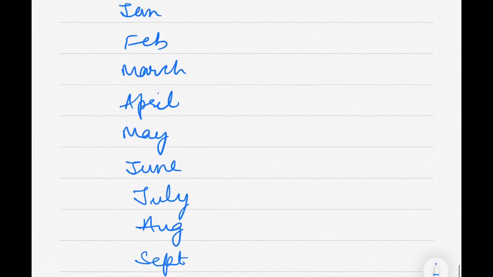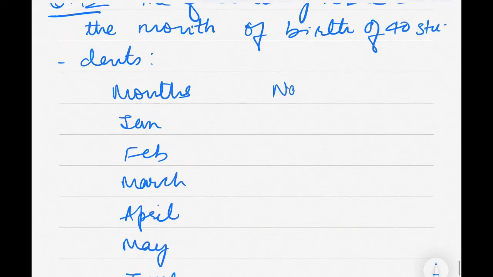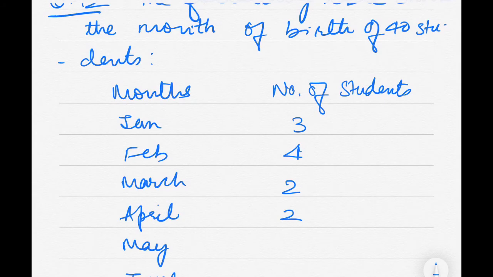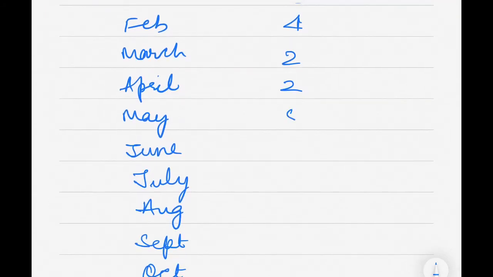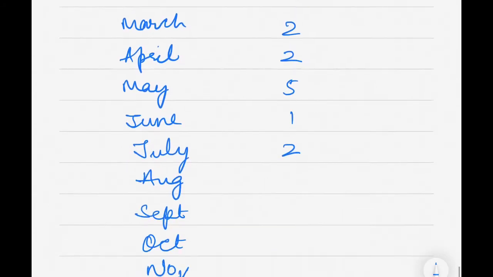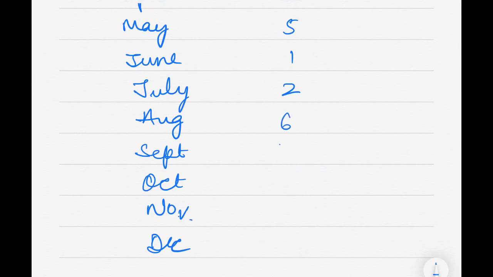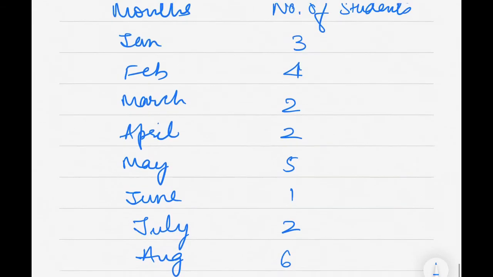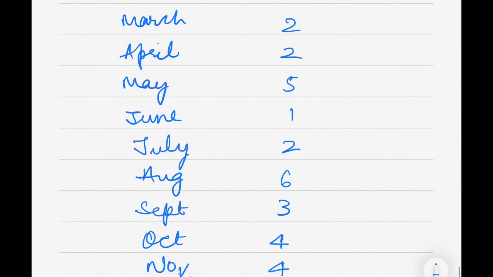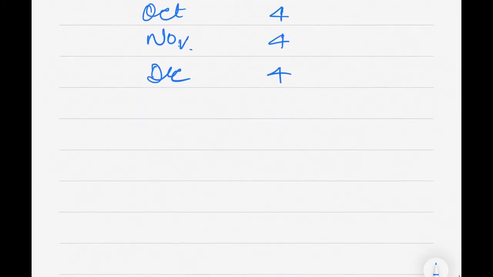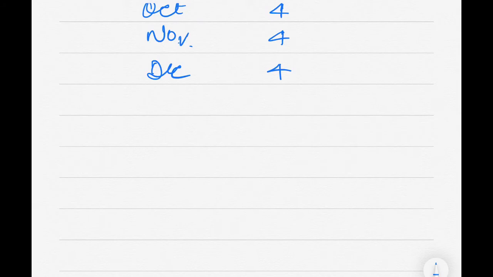And number of students, which is the frequency: 3, 4, 2, 2, then 5, 1, 2, 5, 1, 2, 6, 3, and I have 4, 4, and 4. So these are my frequencies or number of students.